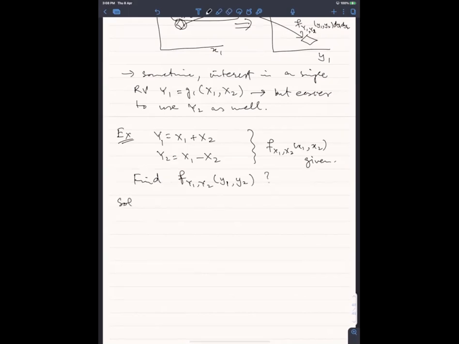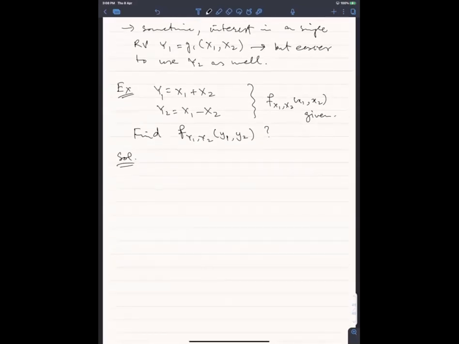First, consider the equations y1 equal to x1 plus x2 and y2 equal to x1 minus x2. Can I solve these two to find x1 x2 in terms of y1 y2? The answer is of course yes. If we add the two, 2x1 would be equal to y1 plus y2.